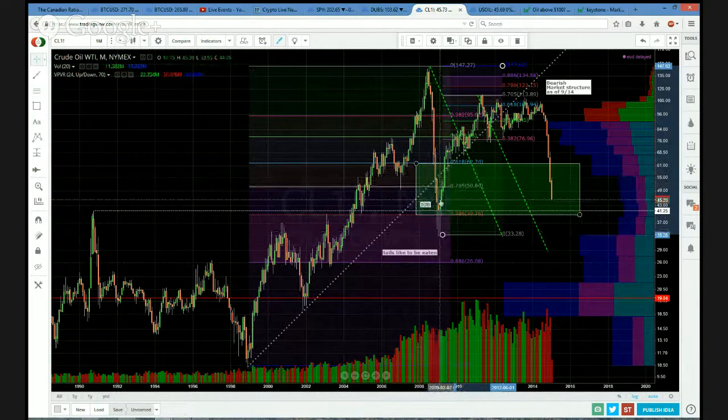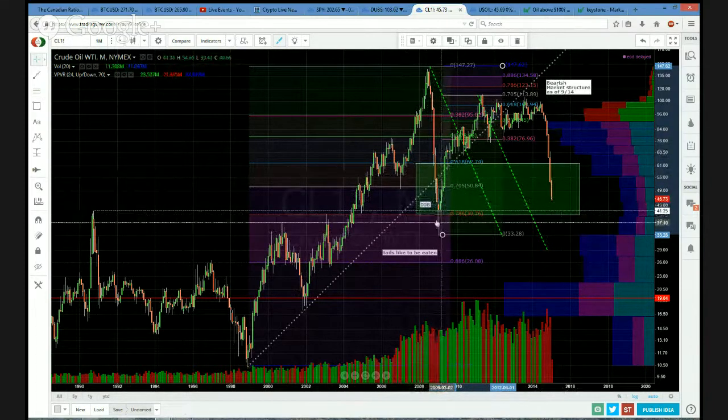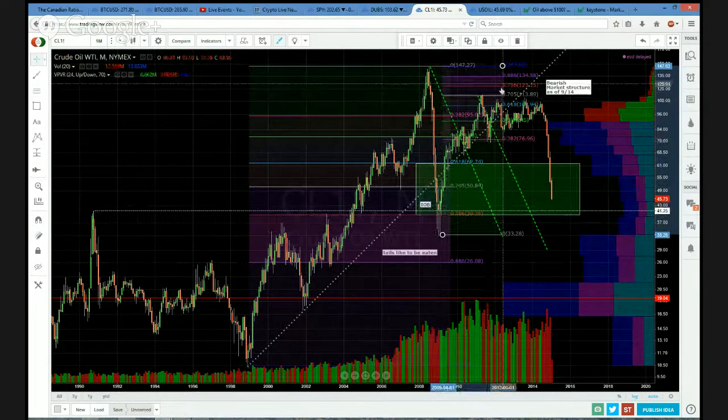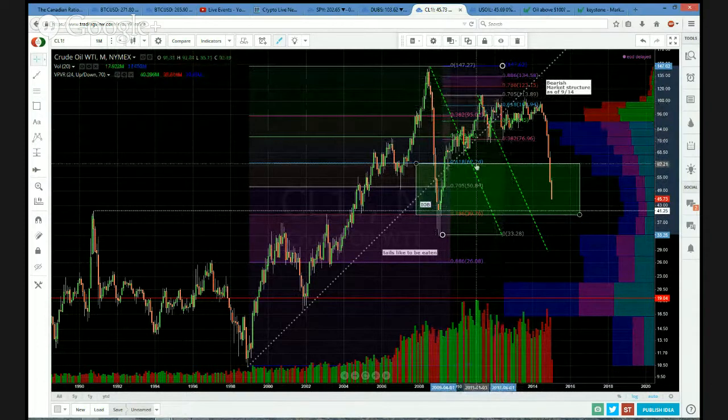You can also see what we teach in the class, an institutional order block right in this area too. So not a big surprise if we see the market defend this area. On the first go down, it lost the 78.6, but then regained it, turned and rallied back up, did OTE and all that wonderfulness.